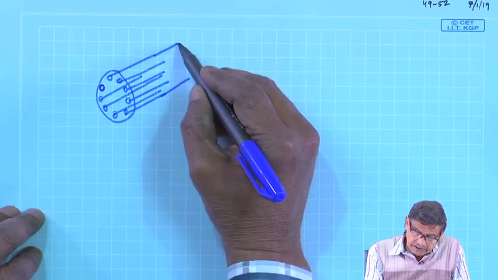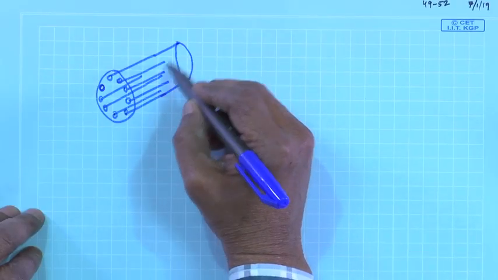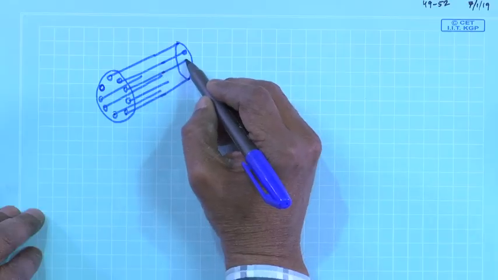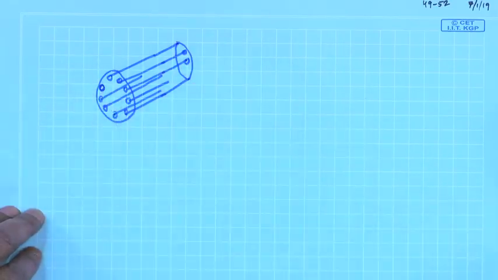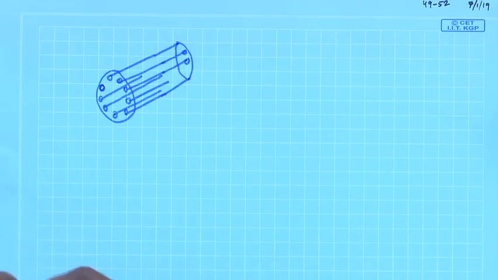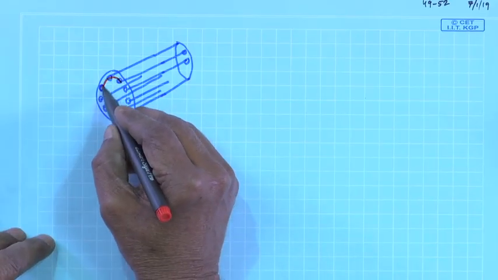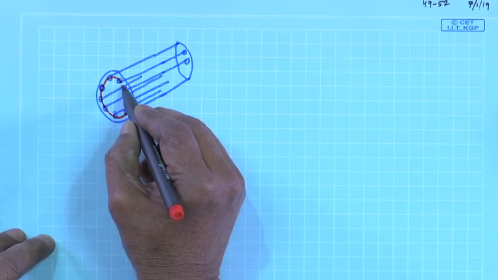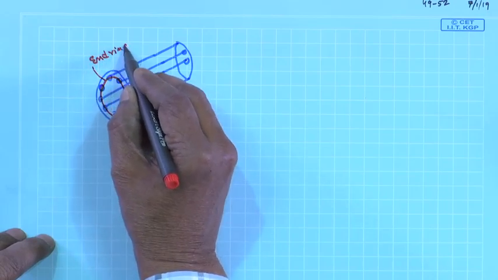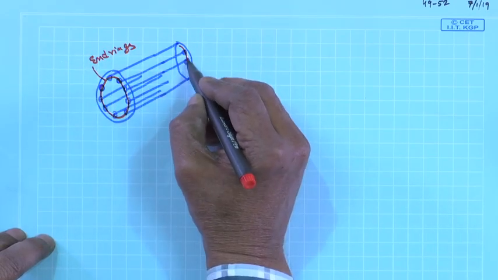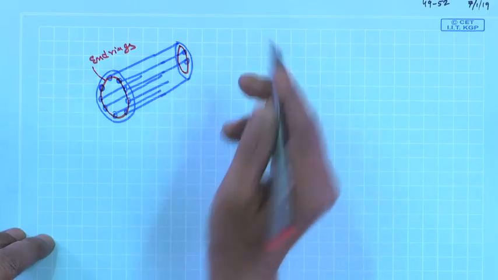And on the other side also they will be terminated here. For each one of them there is an end, but all these terminals are short circuited at both the ends by what is known as end rings. This side and also this side, all are short circuited.